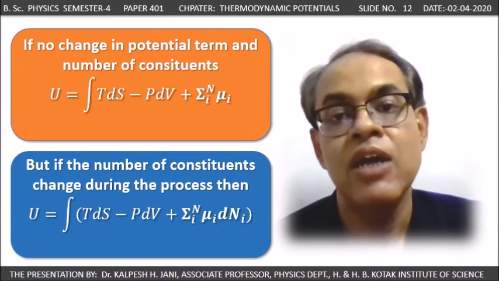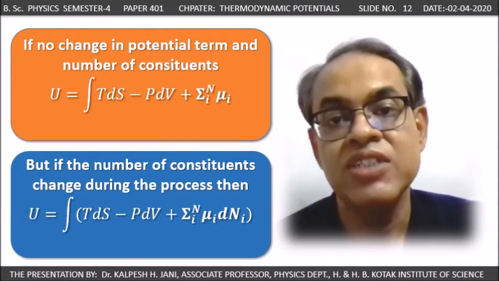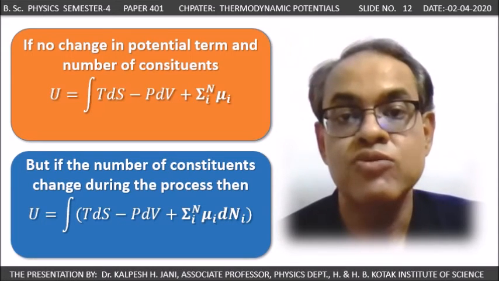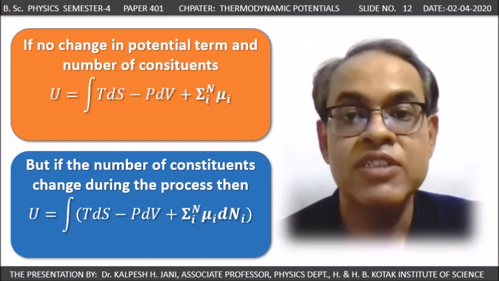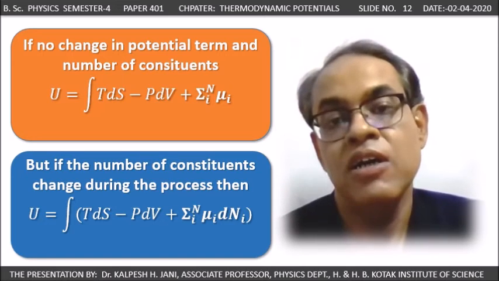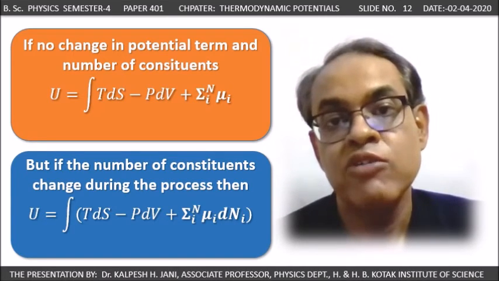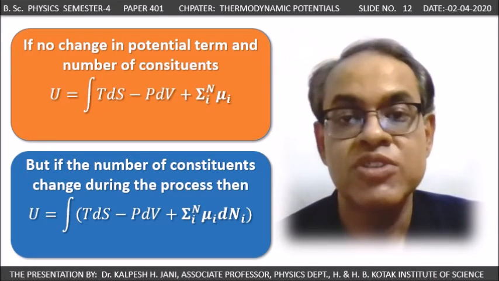Now, how can the potential energy be changed during the process? There are two ways. First, a chemical reaction takes place during the process, and the structure of the molecule itself changes during the process.